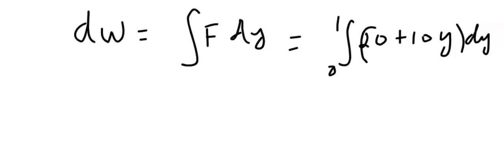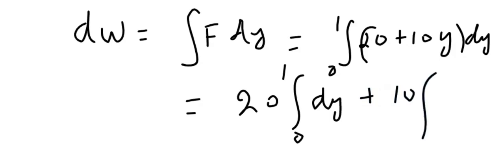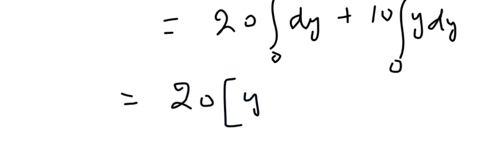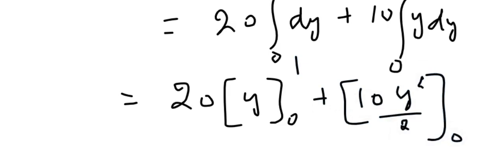is equal to, on integrating, we can take 20 outside, integral 0 to 1 of dy, plus 10 outside, integral 0 to 1 of y dy. Now on integration this is equal to 20 y between the limits 0 to 1, plus 10 y squared by 2 between the limits 0 to 1.